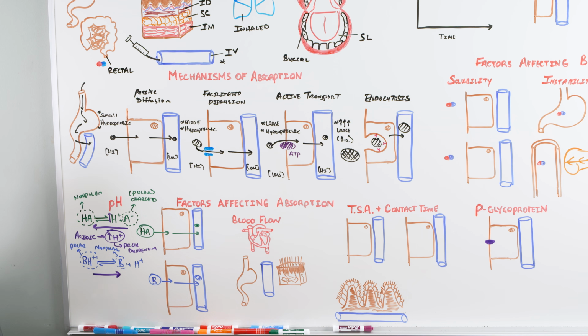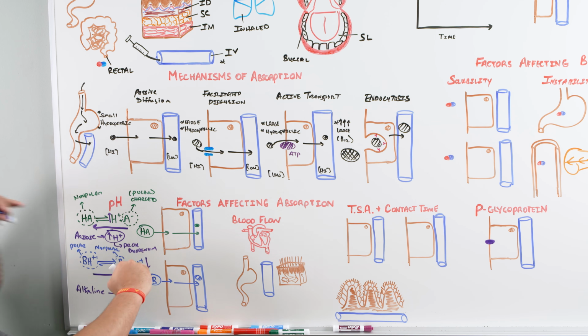So if I want to do that, I'm going to make the environment more alkaline. If I make the environment more alkaline, I'm going to decrease the number of protons in the environment that this drug is in. If I decrease the number of protons, that decreases the concentration of the molecules on this side of the reaction. So we want it to be even.